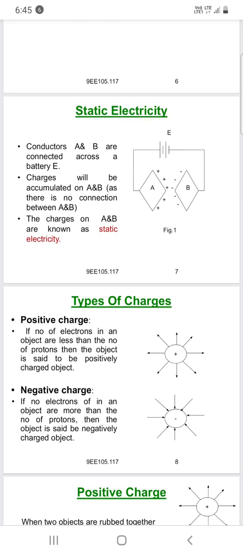So consider the circuit diagram here. You have to observe this figure.